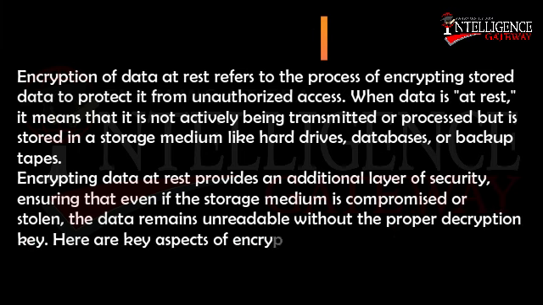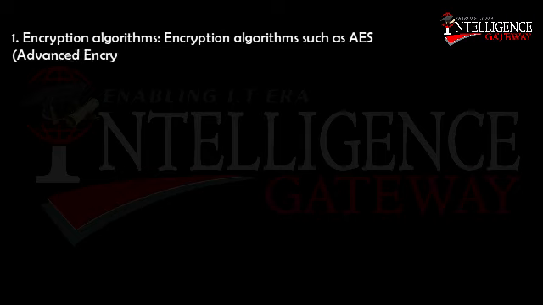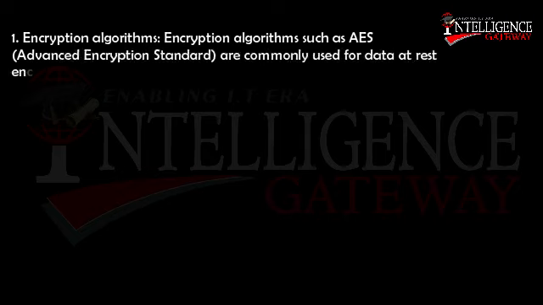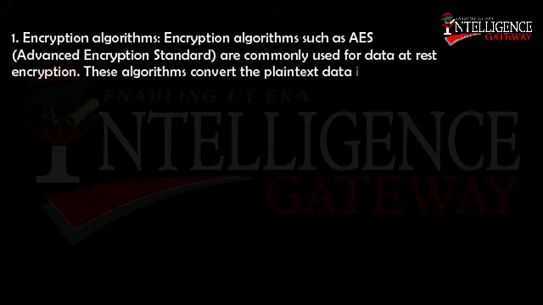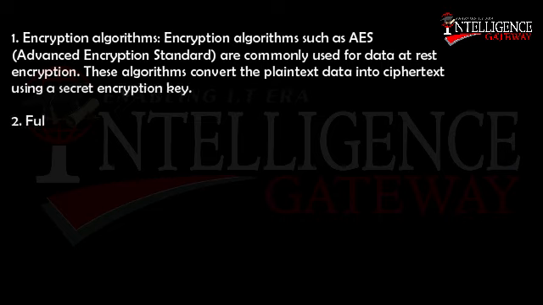Here are key aspects of encrypting data at rest. 1. Encryption algorithms. Encryption algorithms such as AES, Advanced Encryption Standard, are commonly used for data at rest. These algorithms convert the plaintext data into ciphertext using a secret encryption key. 2. Full disk encryption.